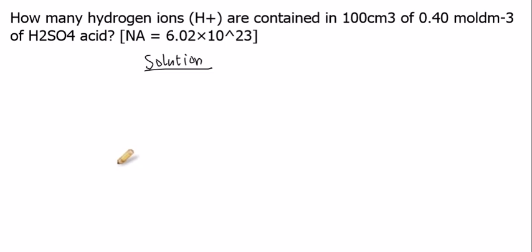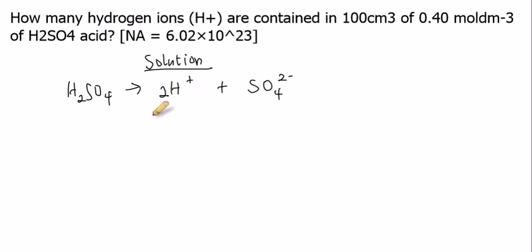So let's write out the ionization of H2SO4 acid. H2SO4 ionizes to give hydrogen ion and SO4 ion. This has a charge of 2 minus, and to balance this we'll be having 2 moles of hydrogen ions.